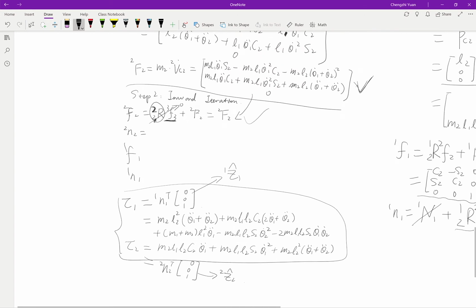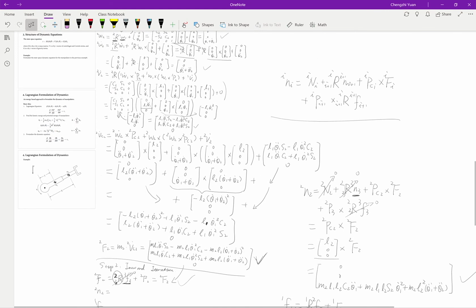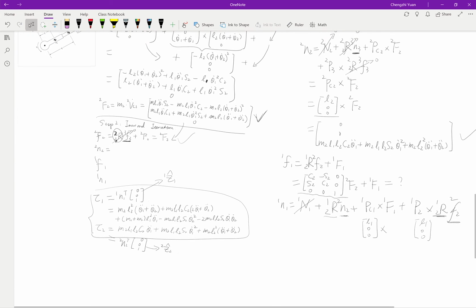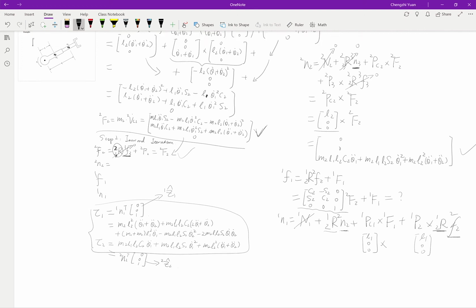In the next video I will show you some new material, including how we are going to rewrite this dynamics formula. You can see it's a little bit messy over here, but we are going to figure out another compact way to reformulate these dynamics expressions.